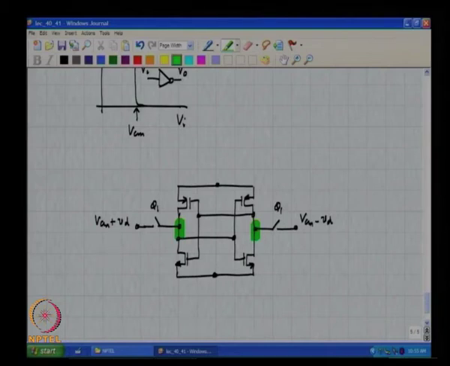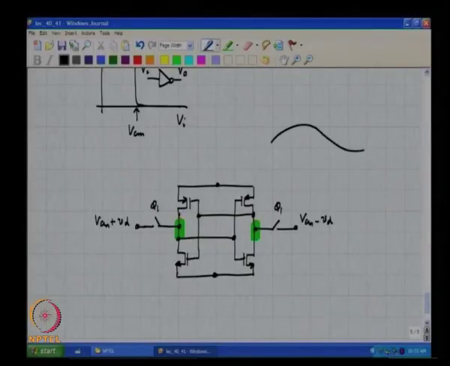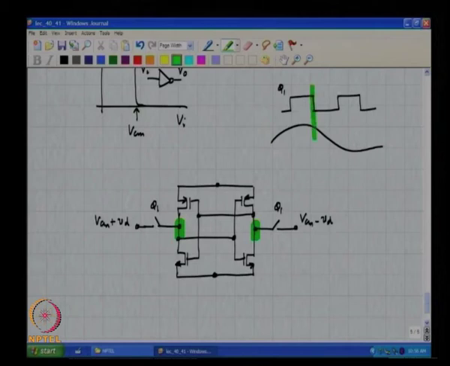Is the question clear or is it not clear? The input, let us say, is doing this, and this is phi 1. What is the voltage which is finally held on that parasitic capacitance in the latch? On the falling edge of phi 1 is when the input is being sampled onto the latch.